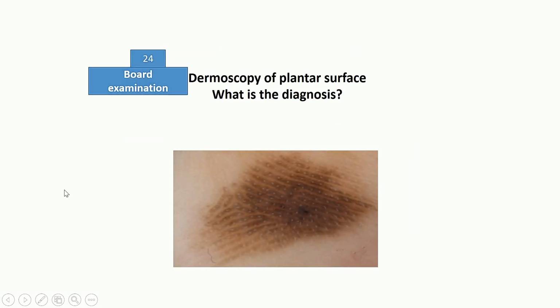So, it was a board question. Dermoscopy of plantar surface, what is the diagnosis? As you see here, the ridges are involved without involvement of furrow. So the diagnosis is acral melanoma.